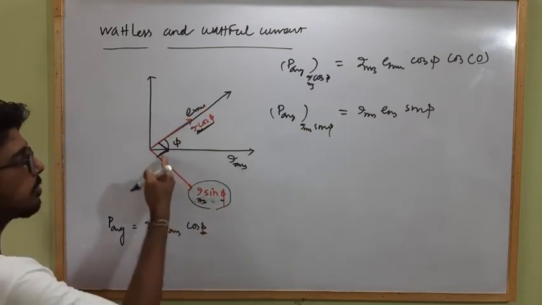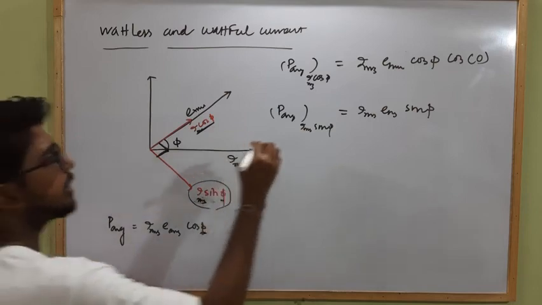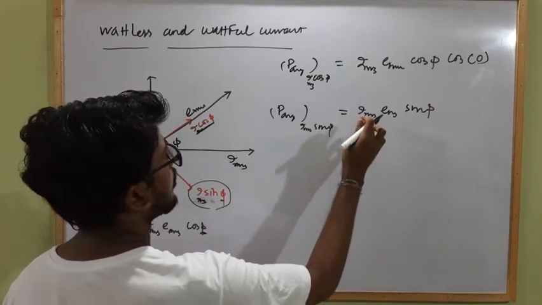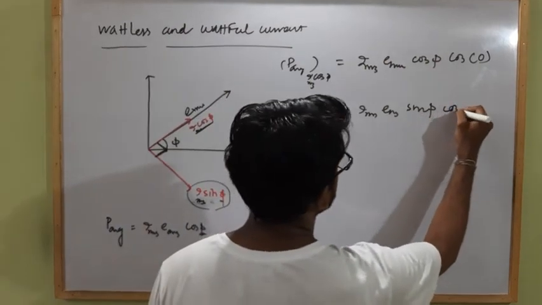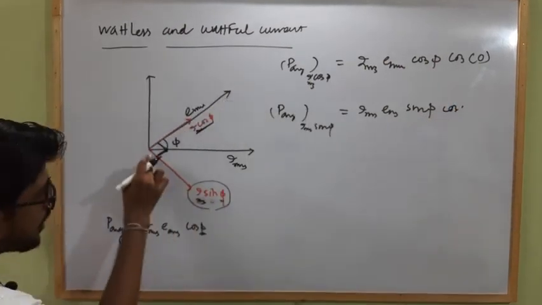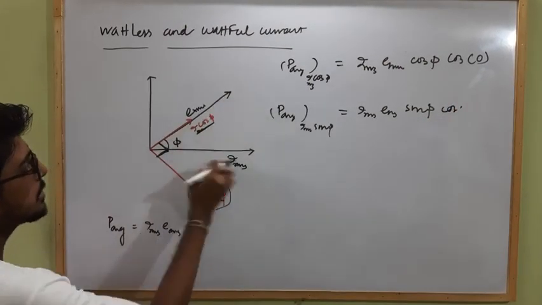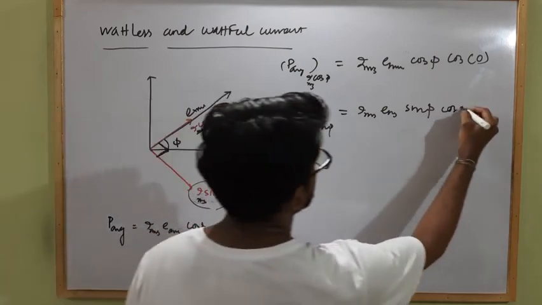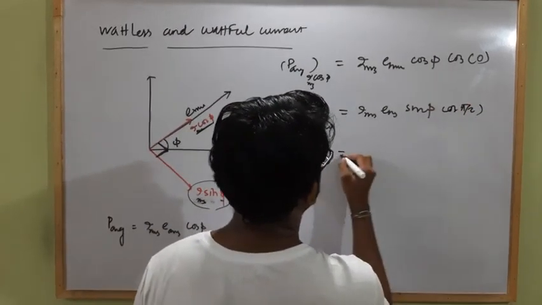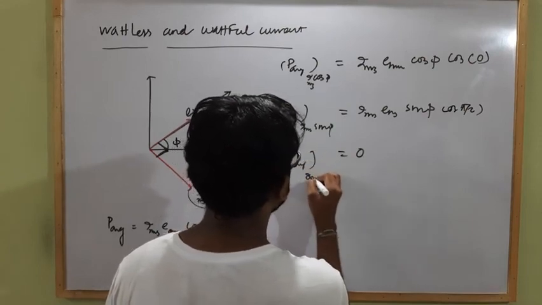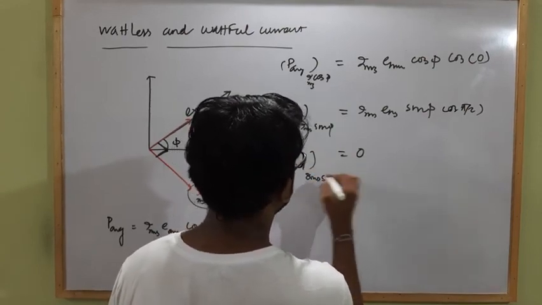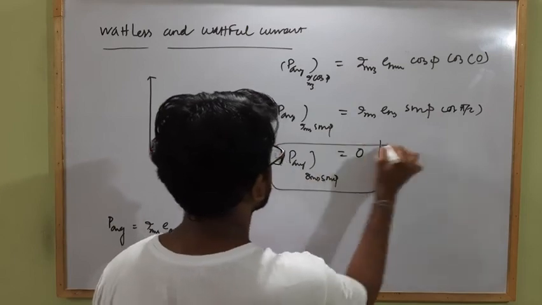Cos 90 is 0. So the P average for I RMS sin phi is 0.